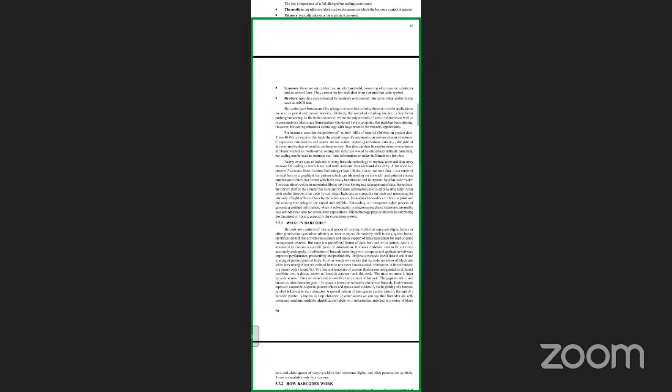Barcode is a predefined format of dark bars and white spaces. Actually it is in the form of binary code, that is ones and zeros, on which the product data will be written and the details will be done.